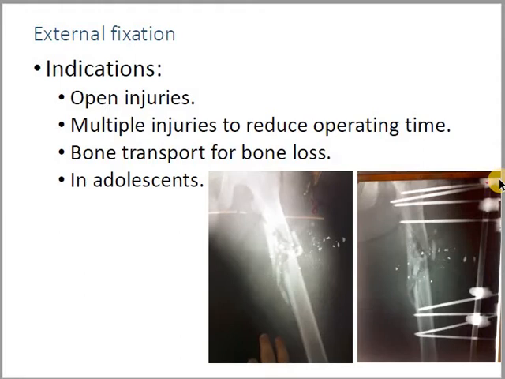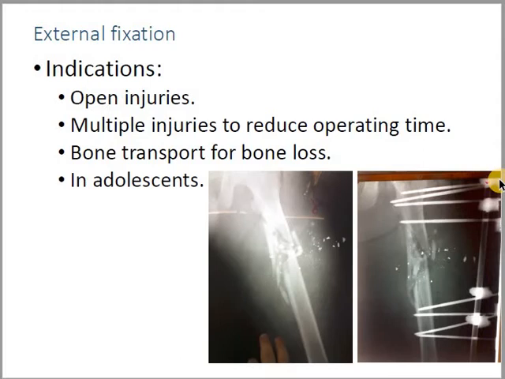Second indication is multiple injuries, to reduce operating time. When a person comes with severe and multiple injuries from a car accident or, for example, a blast injury, we need something quick just to stabilize the bone while we are doing other life-saving things, like laparotomy or craniotomy or whatever.